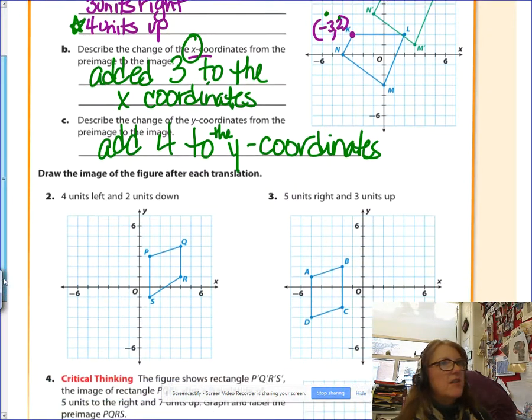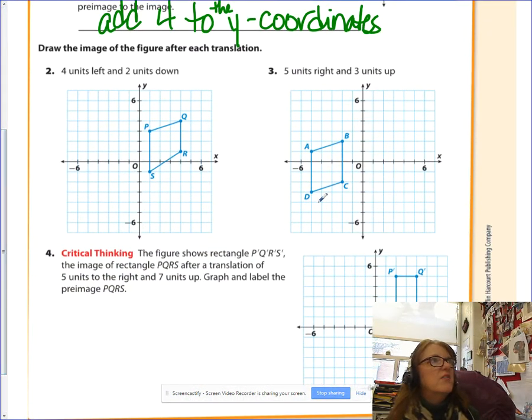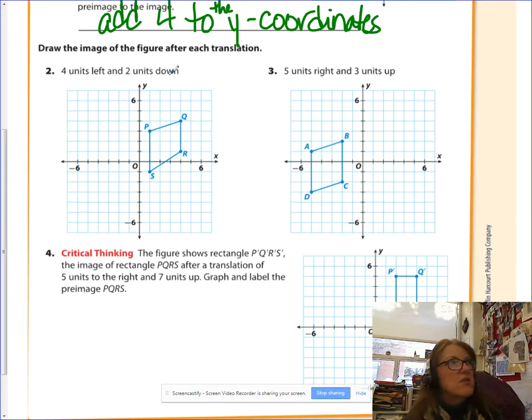All right, now let's look at 2 and 3. Here, you have to draw the image after the translation. So we have to make this go 4 units to the left and 2 down. So check yours. Start with P. 4 to the left, 1, 2, 3, 4, and down 2. I can't call it just P again. We call it P prime.